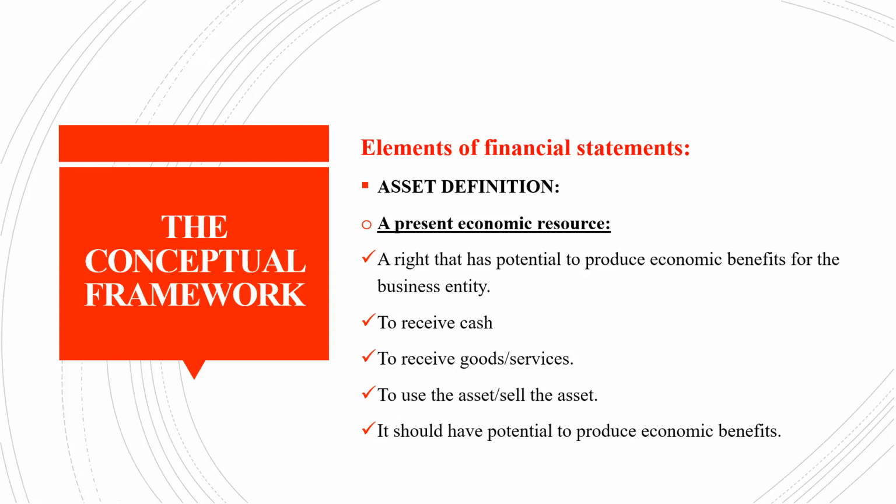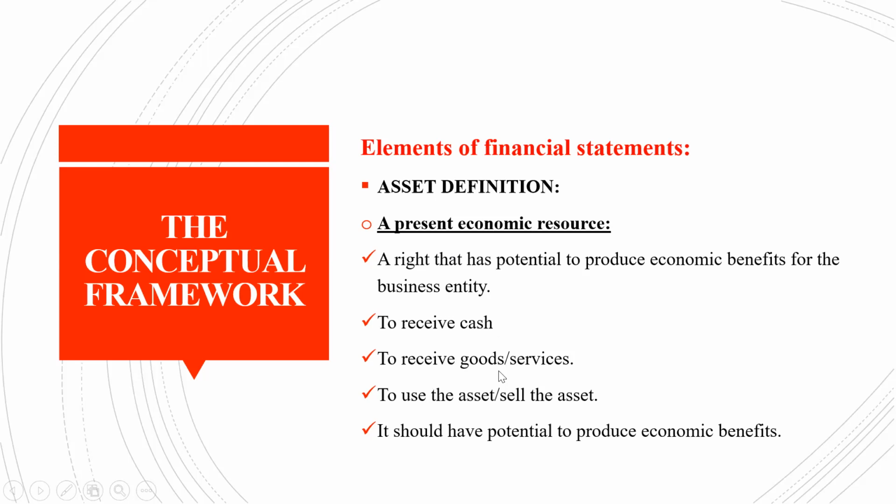So when you're analyzing this in a scenario, you're looking for these things to say, okay, based on what we've read in the scenario, is there a possibility of the company receiving money? Is there a possibility of the company receiving goods or services? Because it's not always cash you can receive, okay? It can be actual goods.